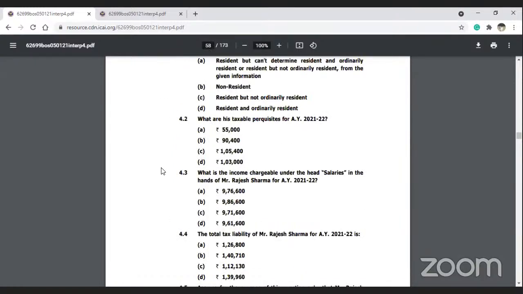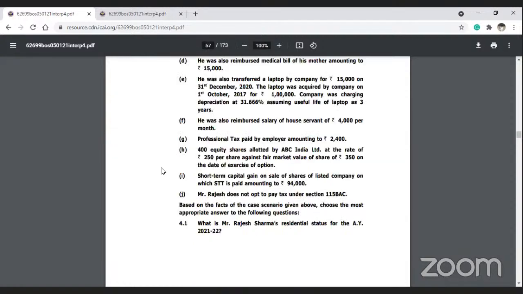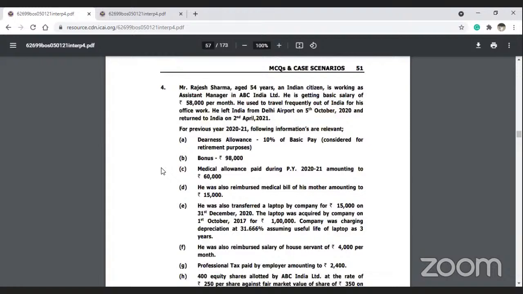What is the income chargeable under the head salaries in the hands of Mr. Rajesh Sharma? So this 1,05,400 is already with us, no? Now we'll take 58,000 per month, into 12.